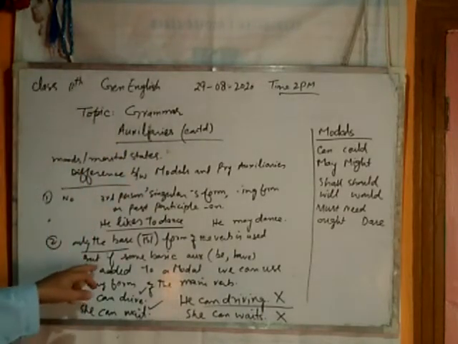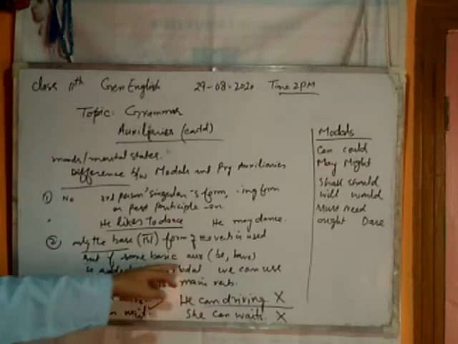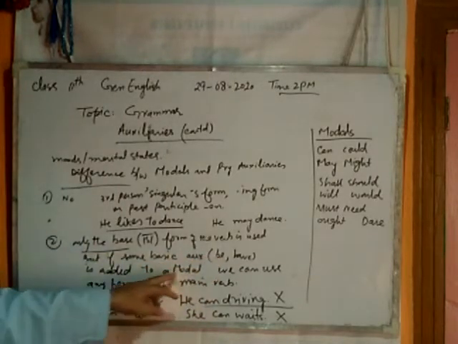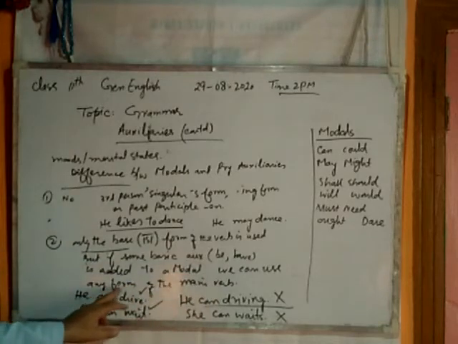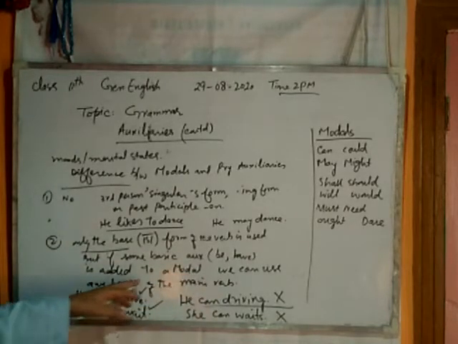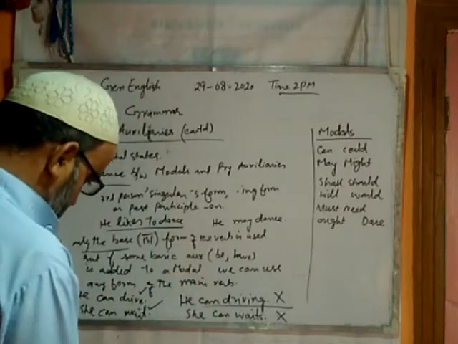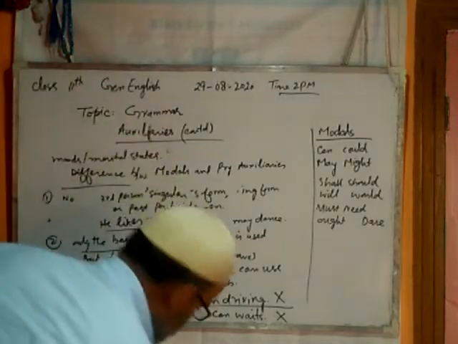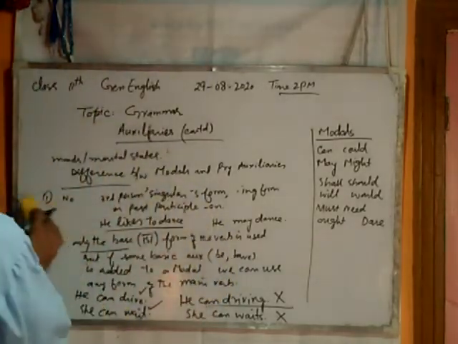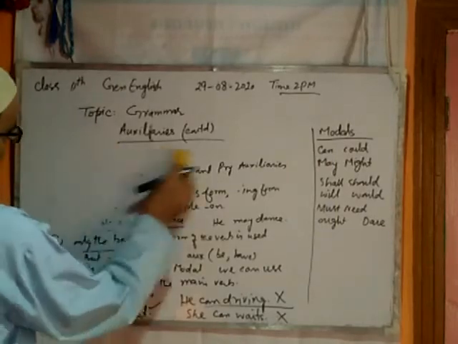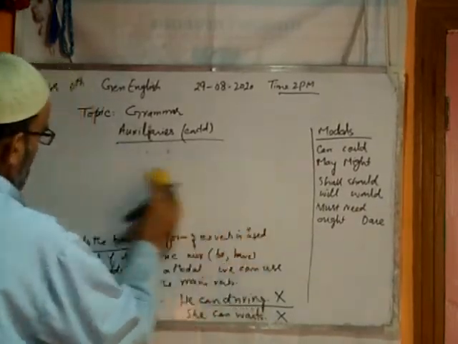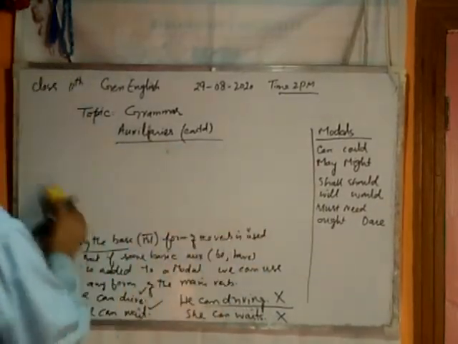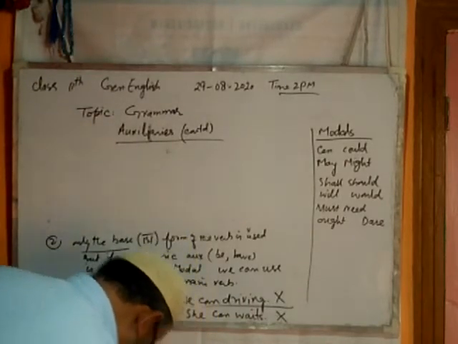Now, but if some basic auxiliary be or have is added to a modal, we can use any form of the main verb. In this case, I can cite you an example. Yes, dear students.